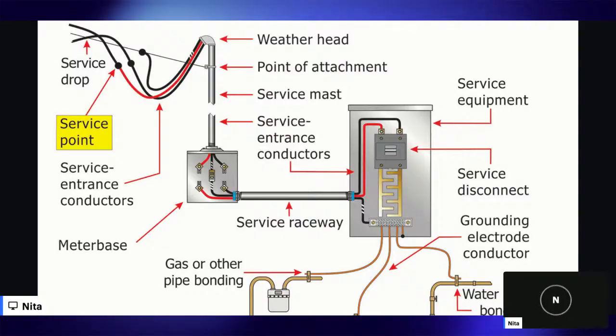Current is measured in what? You're thinking volts, right. Current is measured in amperes, or amps. Write that down. It is a test question. The minimum electrical service current for a single family home is 100 amps.